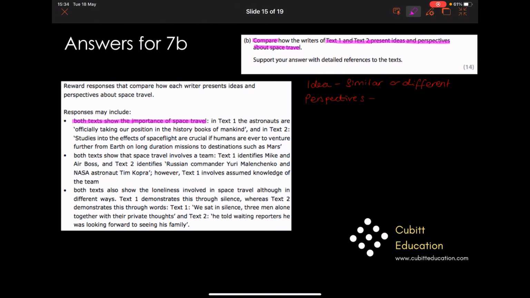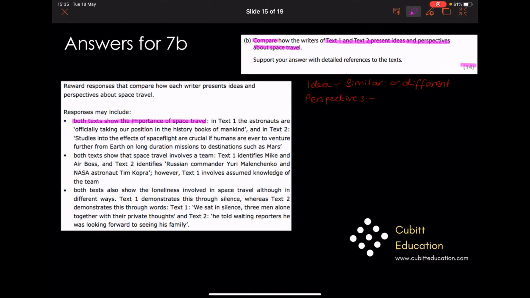So although they both discuss the importance of space travel, they do have differing opinions of why it's important. The first one talks about their position in history, so they're making history. But text 2 says that it's important if humans are ever going to venture further from Earth on long duration missions, such as going to Mars. Okay. So there you go, you've got 2 marks.